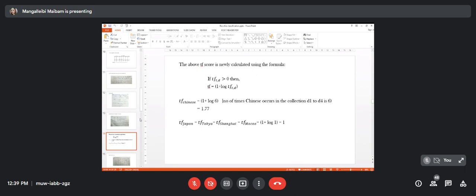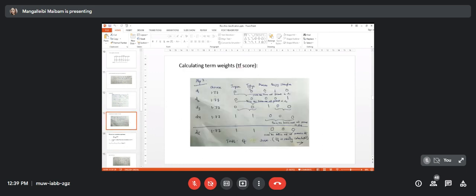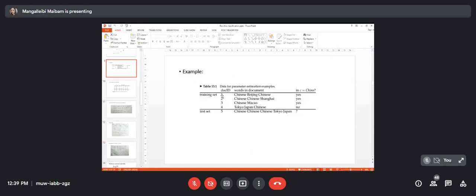So for a particular term, if there is no presence, it will be 0. No need for calculation. Say, for example, in document D1, Chinese, Beijing and Chinese. So you can calculate for Chinese and Beijing alone. You don't need to calculate for Shanghai, Macau or Tokyo. So only for the terms in the document you have to calculate.